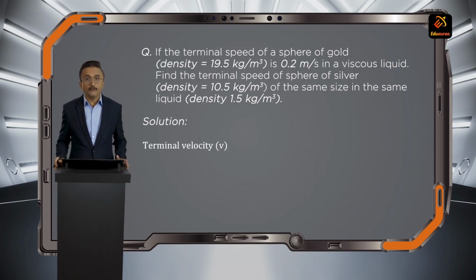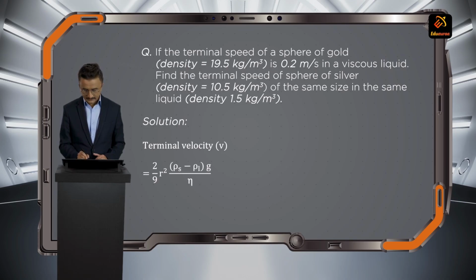Now I can use the formula of terminal velocity. What is the formula? V is equal to 2 by 9 R square, density of solid minus density of liquid into g upon eta, where eta is the coefficient of viscosity. Now the size remains the same, so R is the same. The liquid is the same, so the coefficient of viscosity is also the same. 2 by 9 is constant. g is constant.